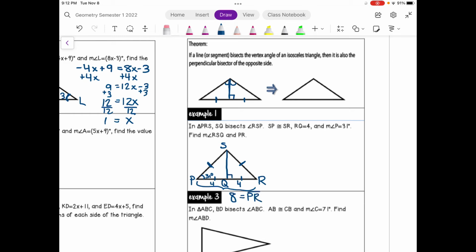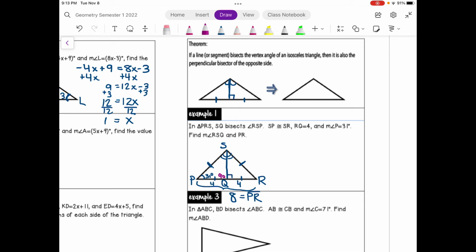Halfway there. RSQ takes a little bit more thought. So we know that it cut it in half, so those two angles are the same. We know that this is 90 degrees.